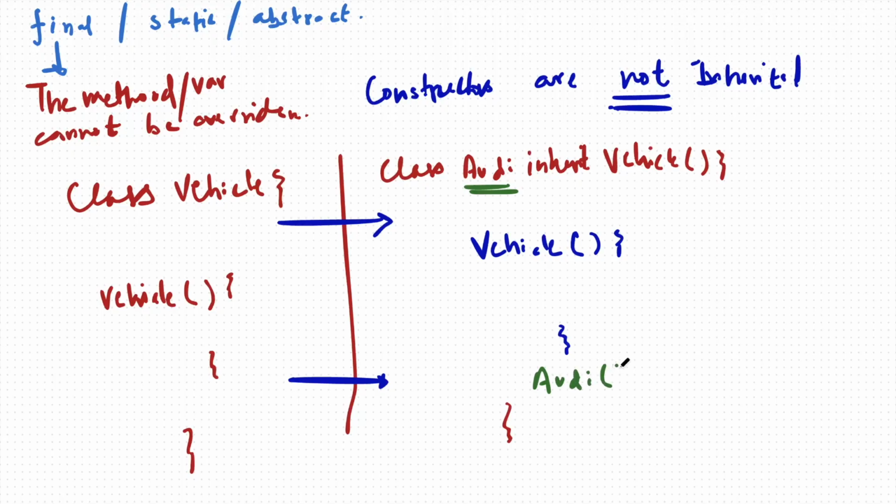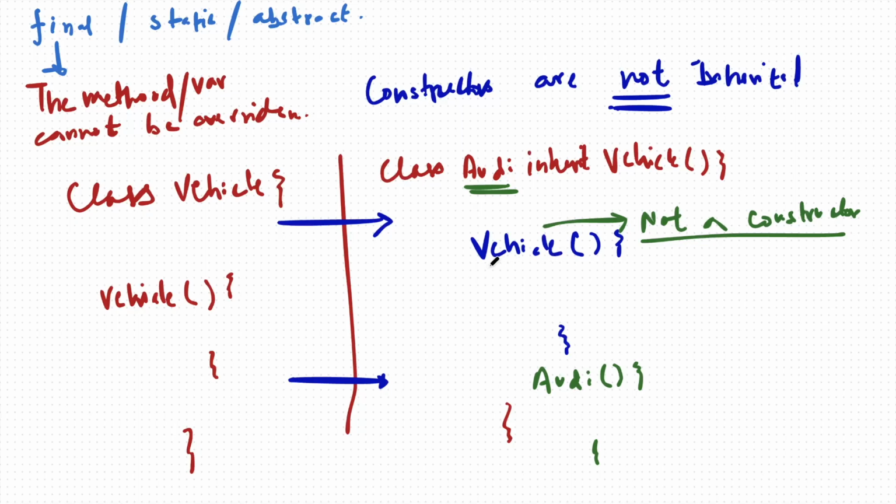Do you think the name of the constructor of this class will be Vehicle? No. Now this is not a constructor anymore. The rule is, the constructor name should be the same as the class name. So obviously this is not a constructor.